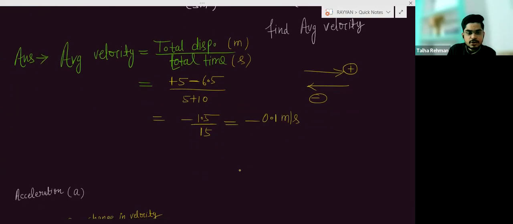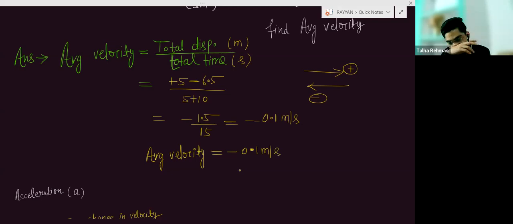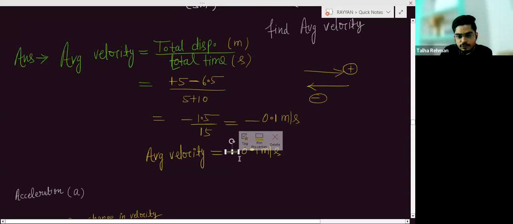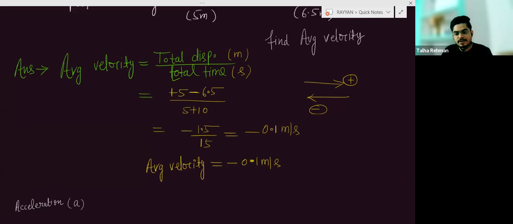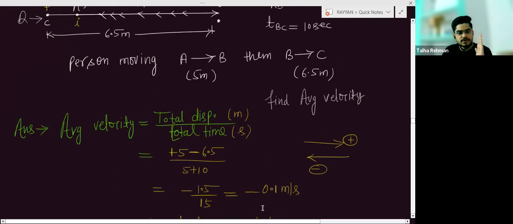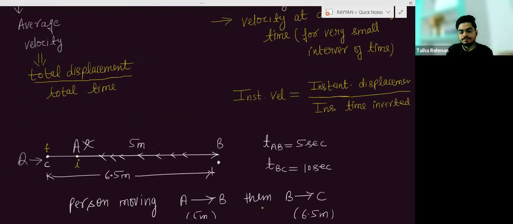So now I have the value of average velocity as minus 0.1 meter per second. So what is this negative sign indicating? Just a minute.